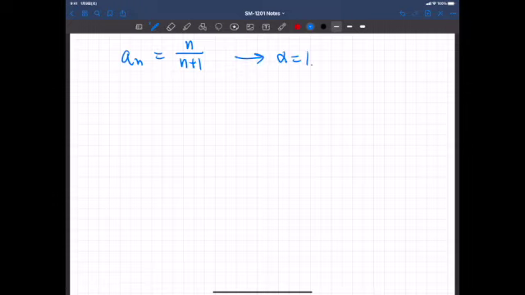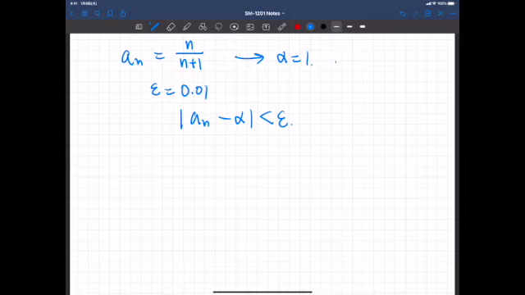So if this is true, then for any epsilon, let's say epsilon equal to 0.01, we can find some number that satisfies this.